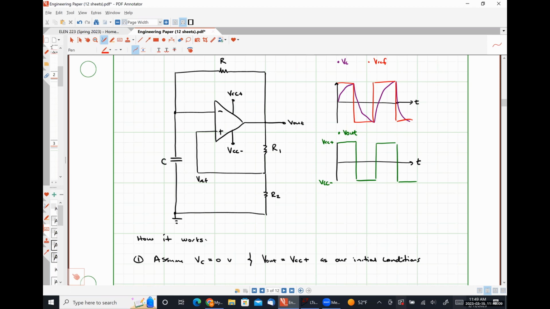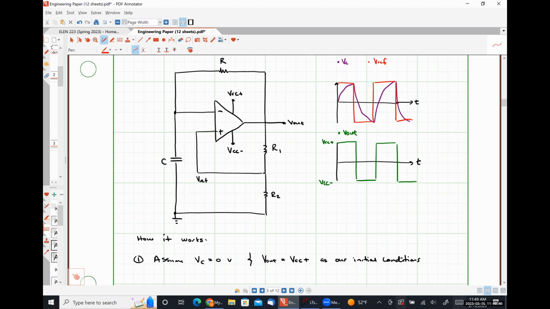So it's kind of a chicken and egg type thing here. The whole system kind of works all together. So let's look at what's happening. When V out is equal to VCC plus, this voltage is positive. There is a current flowing through this resistor that is causing this capacitor to charge.